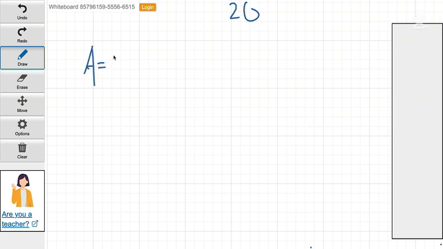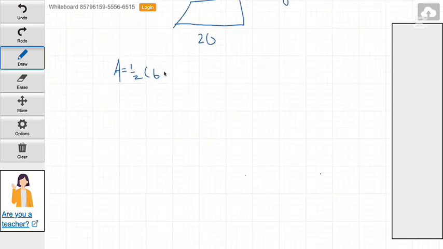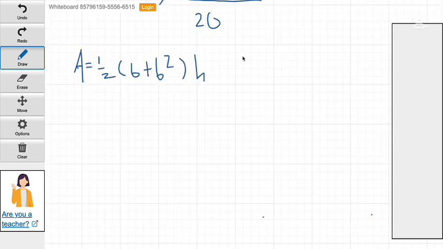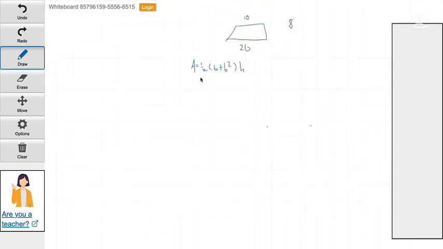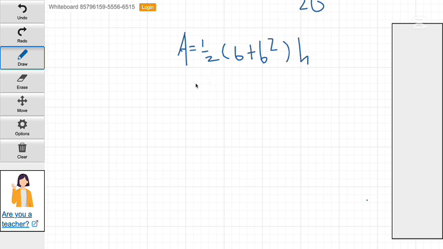So with this, the formula is area equals half of b plus b2 multiplied by h, which is just 8, which is height. So we would just go half 10 plus 20 and multiply that by 8.